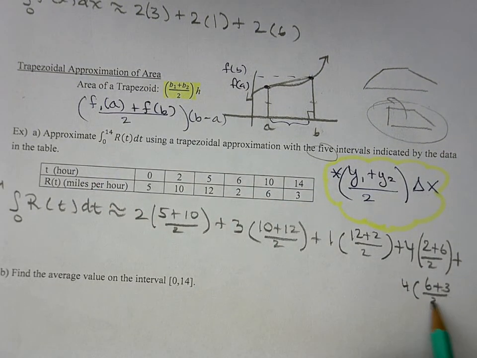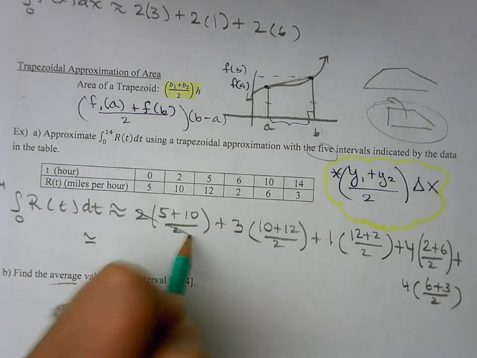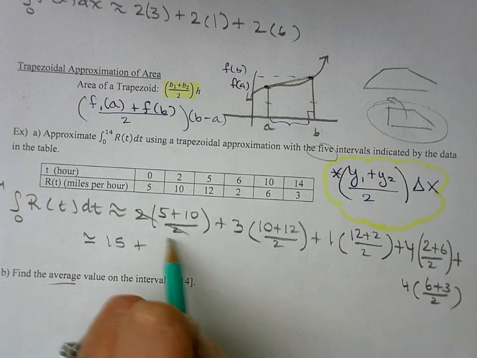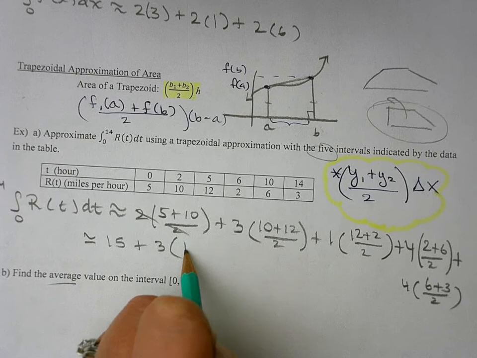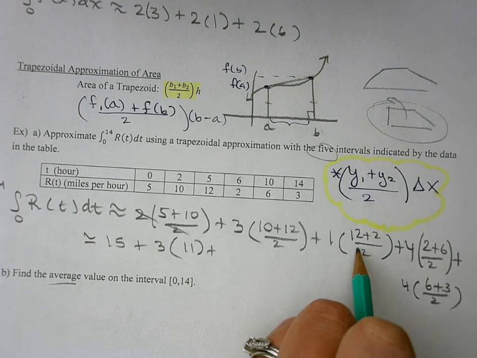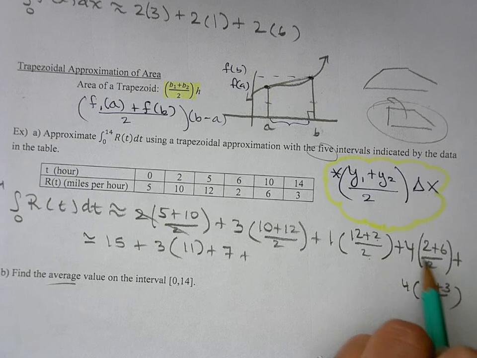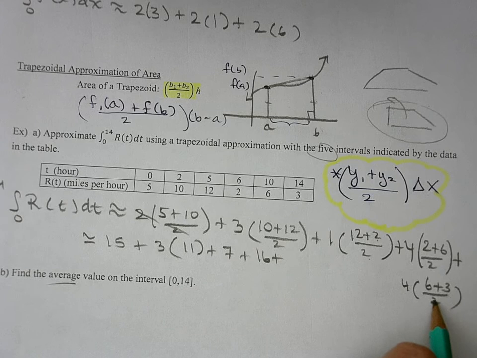Now I am going to go ahead and do the arithmetic because I have a part B here. Those 2's cancel, so then 5 plus 10 is 15. Then I have 3 times 22 divided by 2, and then 14 divided by 2. 8 divided by 2 is 4, times 4 is 16. And then finally, reduce that.